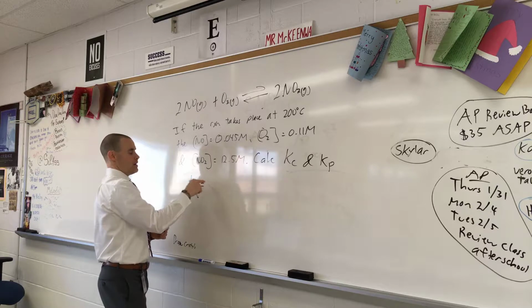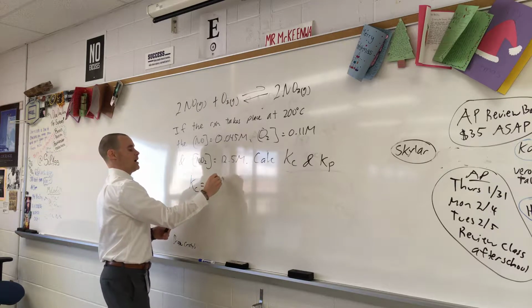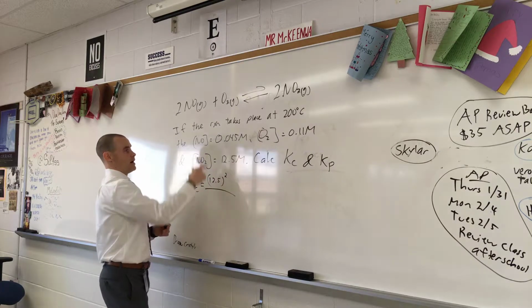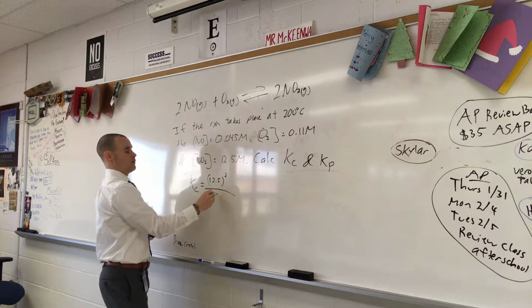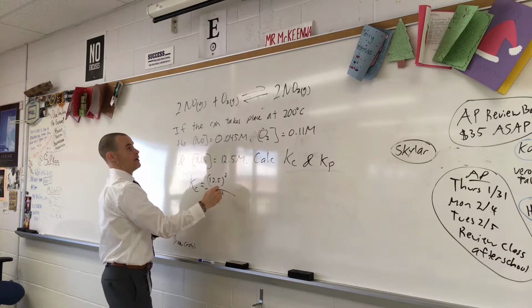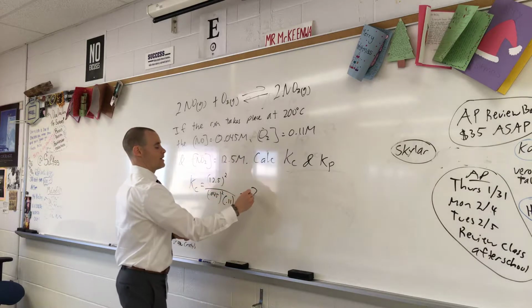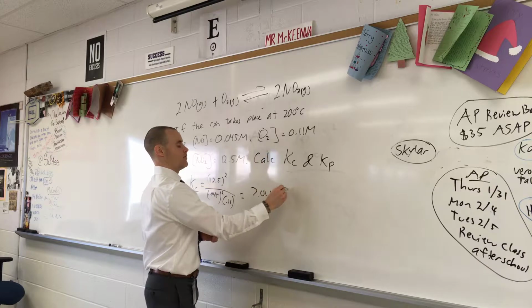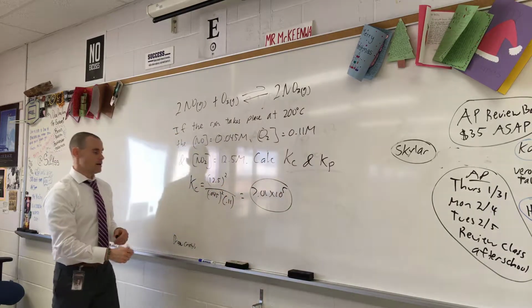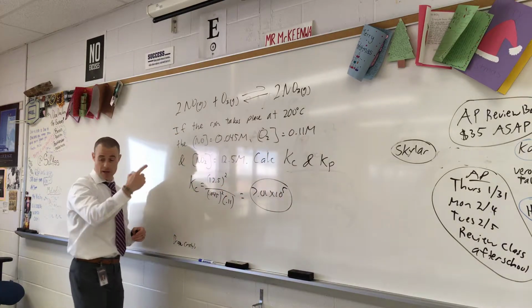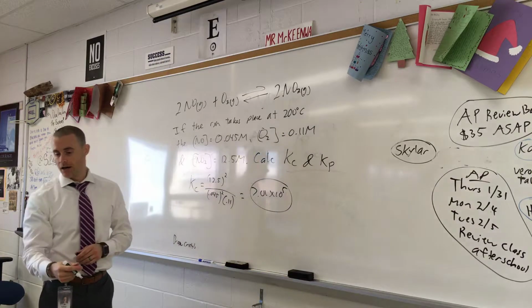All right. So the setup here would be, where's NO2 here? 12.5 squared divided by 0.045 squared times 0.11. When you do that, you get 7.01 times 10 to the 5th. That's for Kc. So now, to solve for Kp, we use that other equation.